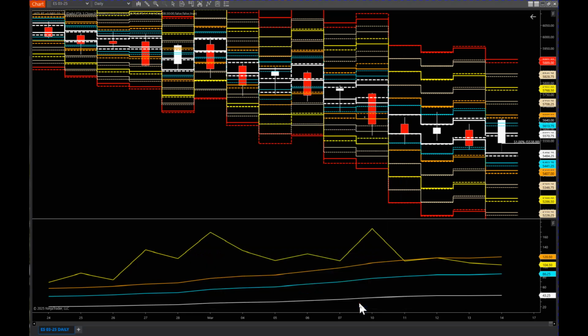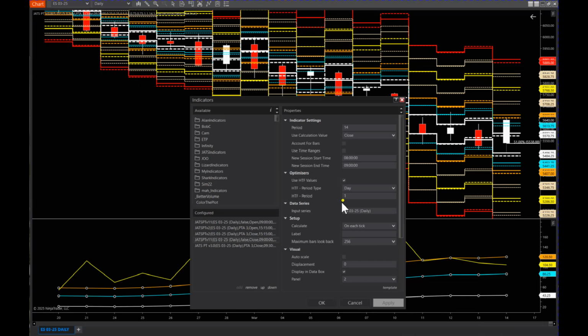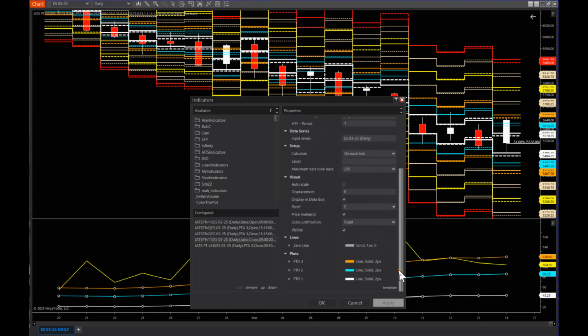But for our purposes of explaining the framework right now, just realize we have points and levels. The points are the Jats oscillator on the bottom, and you can map any time frame you want. This is on a daily bar, so I've got a daily 14 period range right here, which is the standard range for most of your indicators: RSI, stochastics, ATR, CCI, everything.